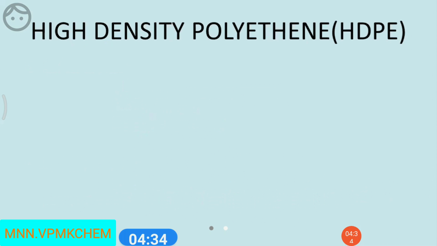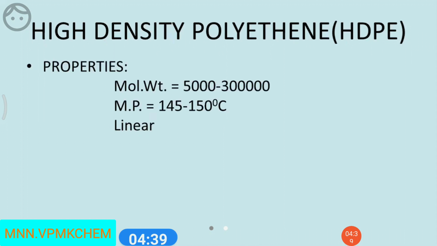Another polyethylene, that is high density polyethylene. The properties: it has molecular weight from 5,000 to 300,000. Melting point is higher than low density polyethylene, that is 145 to 150 degrees Celsius.